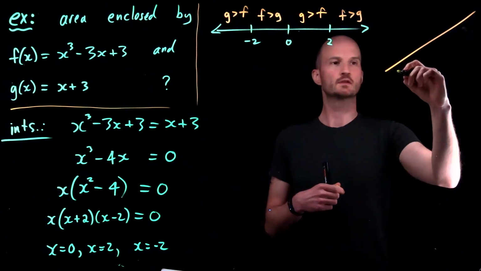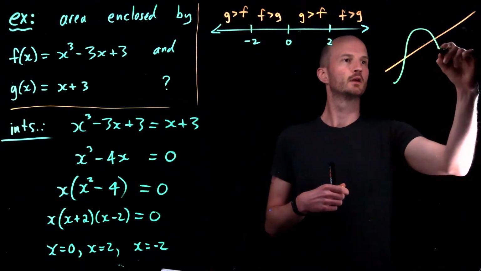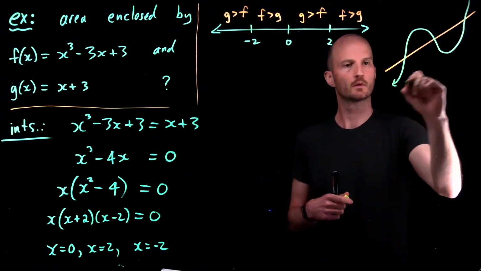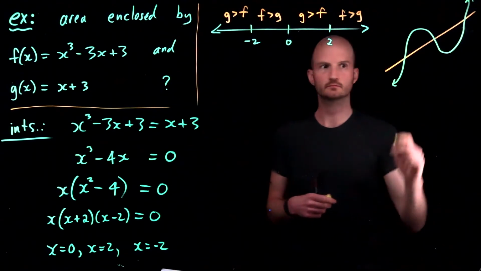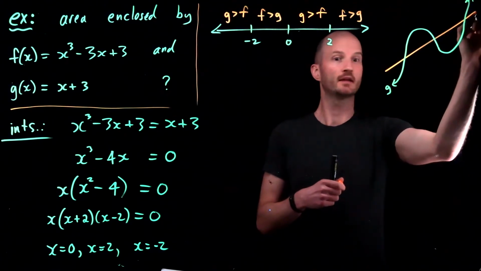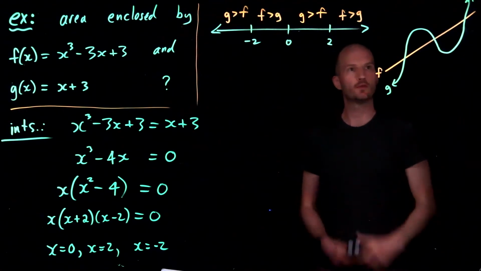So G is smaller than f, then it's bigger than f, so it looks maybe something like that. Okay, this diagram is not to be taken literally. Just gives me an idea of what the enclosed area looks like.